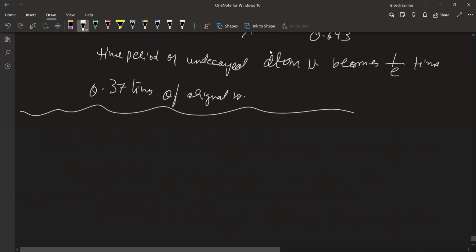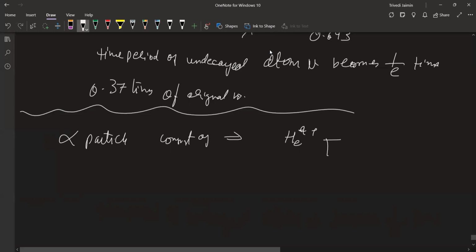Alpha particle consists of, it was asked in the 2019 NEET exam, He plus plus.